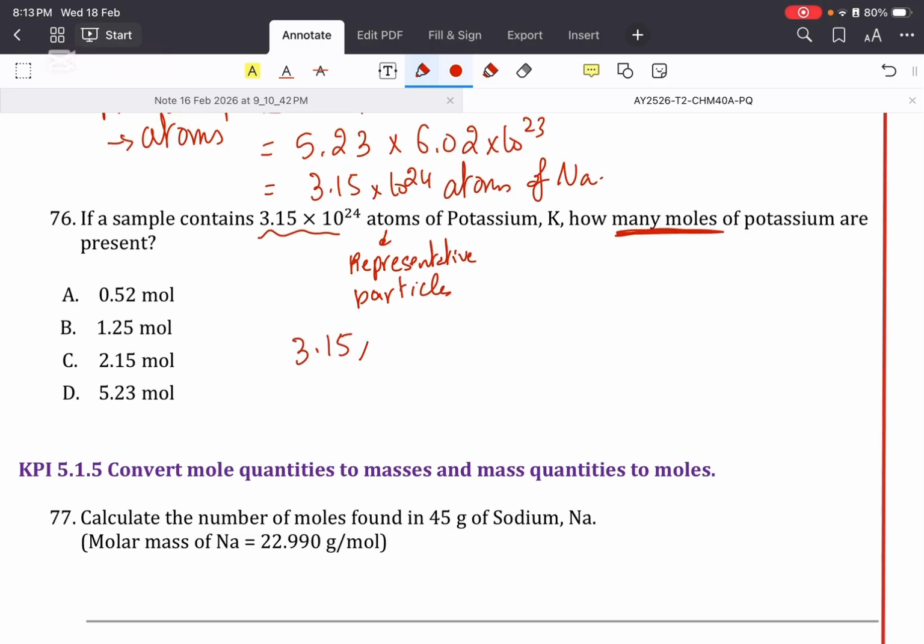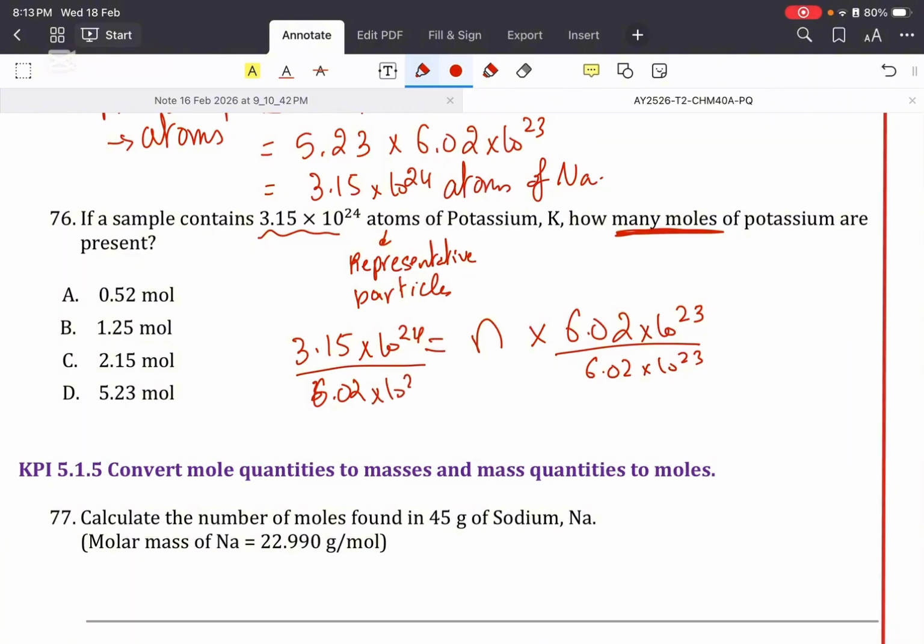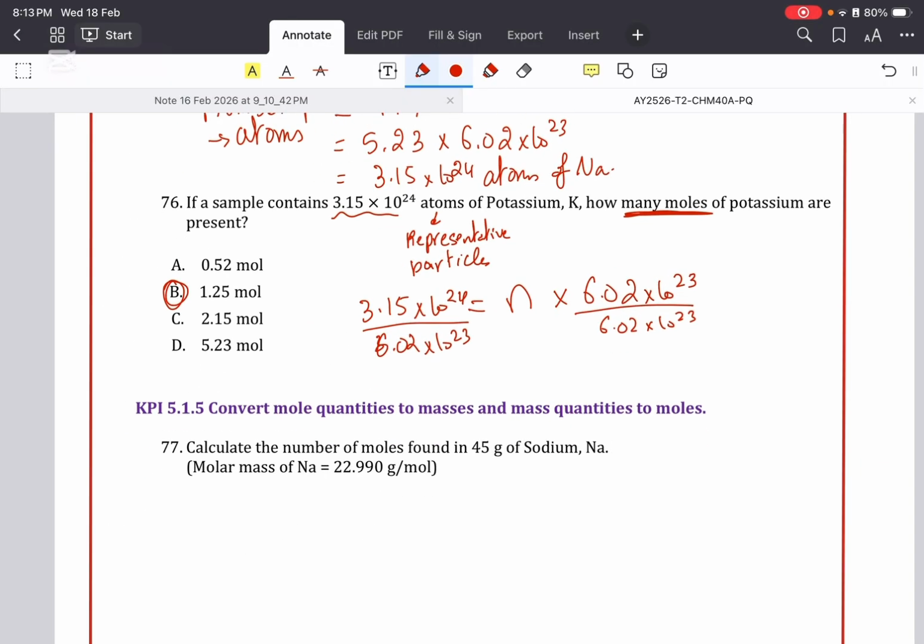So 3.15 times 10 to the power 24 equals the moles times Avogadro's number. In this case, we're going to divide by Avogadro's number on both sides. Solving this, we're going to get 1.25.